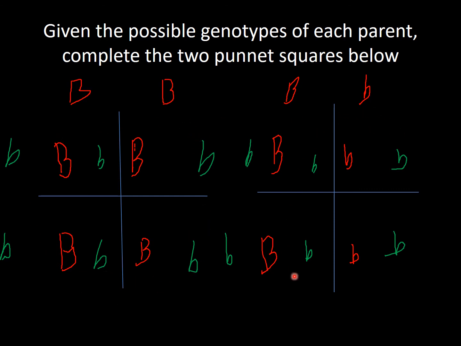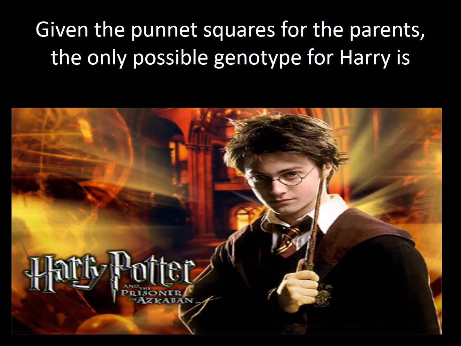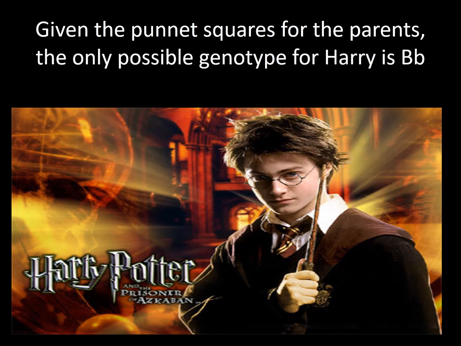Where over here, we look at this square, and 1/2 of them are heterozygous, so they're going to have that brown hair, but the other half are homozygous recessive, meaning they're going to show the red hair trait. So given the Punnett squares for the parents, the only possible genotype for Harry is big B, little b, so heterozygous. He has dark brown hair.